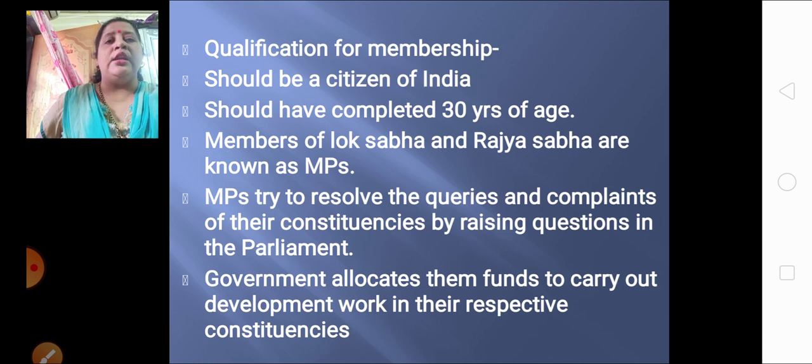The government allocates them funds, that is money, to carry out development work in their respective constituencies. This is the work of the members in the Rajya Sabha or the Lok Sabha.